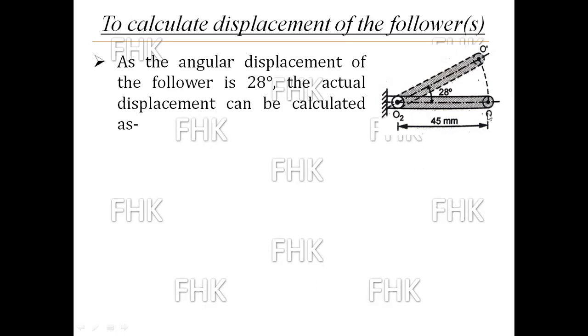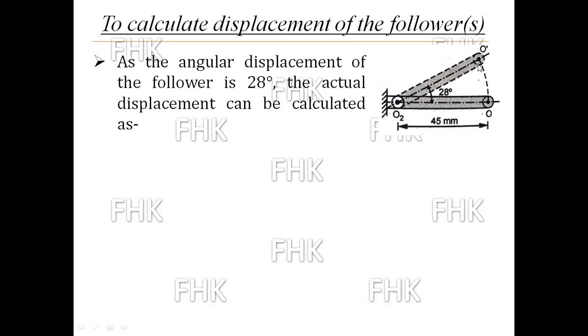S is nothing but O dash. So that S will be directly given in the problem statement in the examination, or it is given in terms of angle of oscillation. That angle of oscillation you have to convert into linear displacement, that is S.